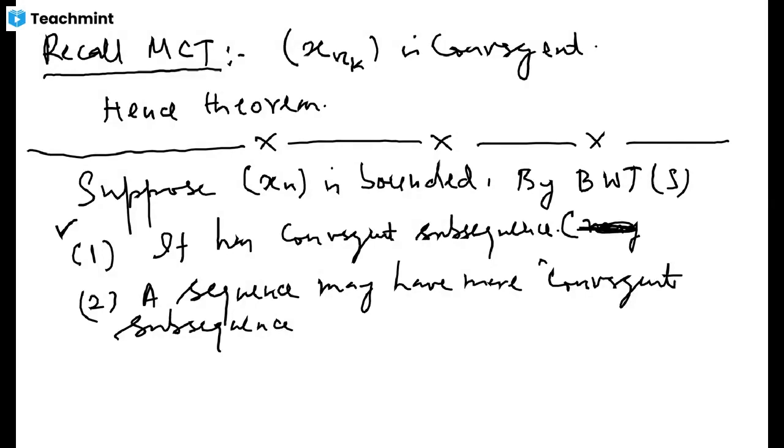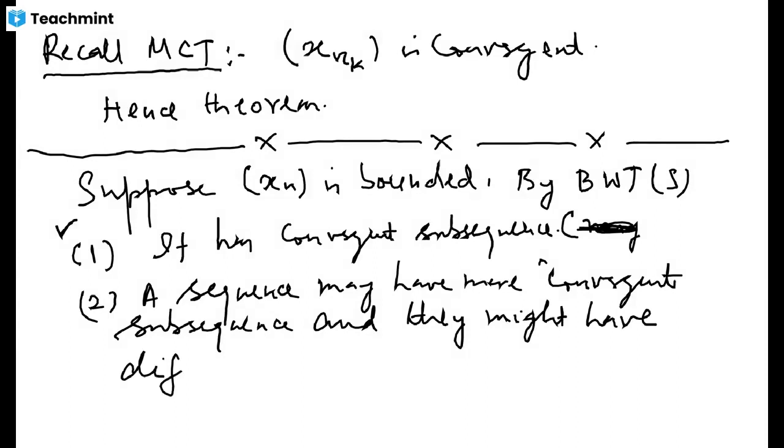But without being convergent, it can still have many convergent subsequences. And the other thing is that they might have different limits.